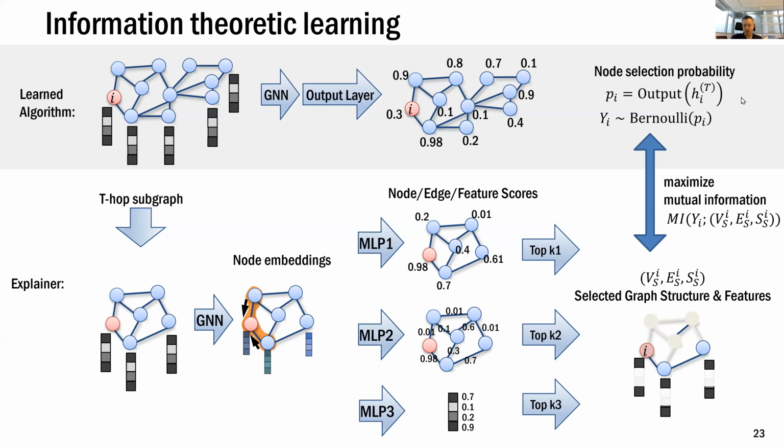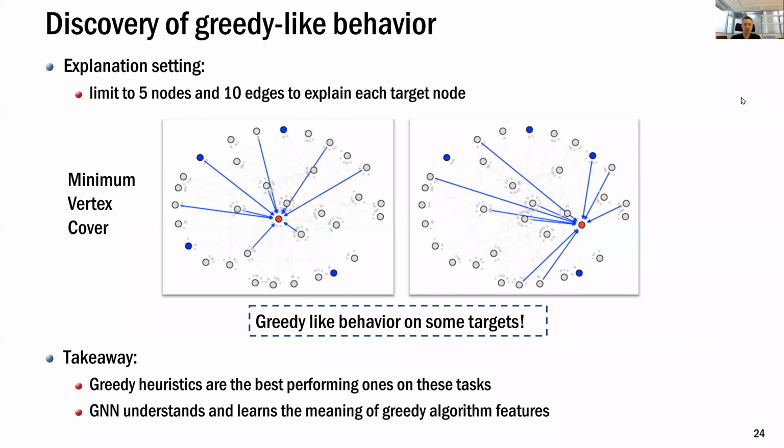Then we can actually apply this explainer model to some of the algorithms we learned. For instance, we try to use the explainer model to explain the decision of the algorithm learned for the minimum vertex cover problem.